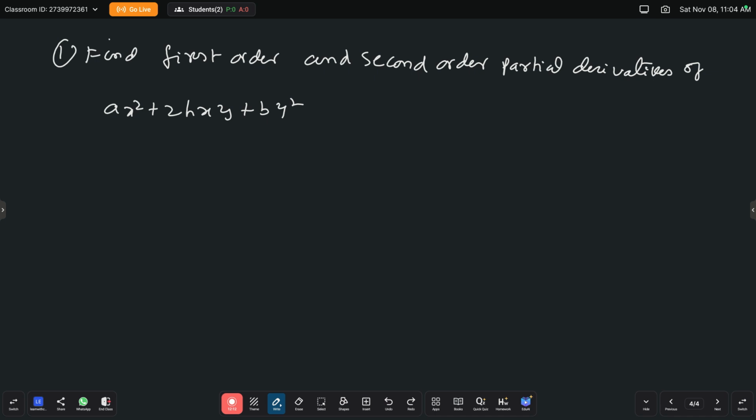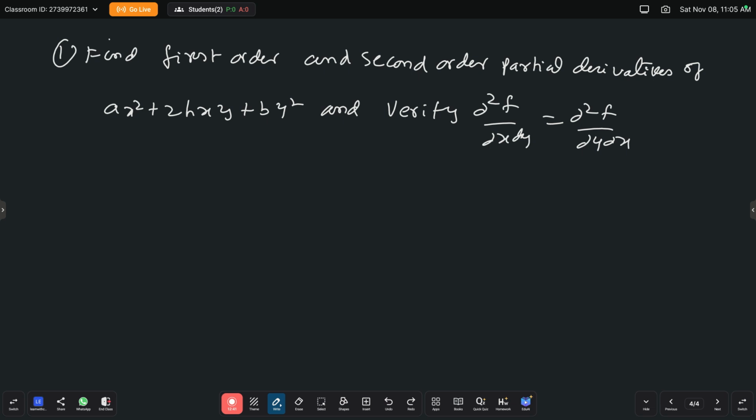There are two variables. Find the first order and second order partial derivative of the function ax² + 2hxy + by². It depends on the variables x and y. And verify ∂²f/∂x∂y equals ∂²f/∂y∂x.